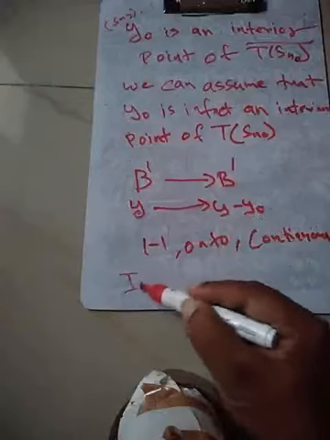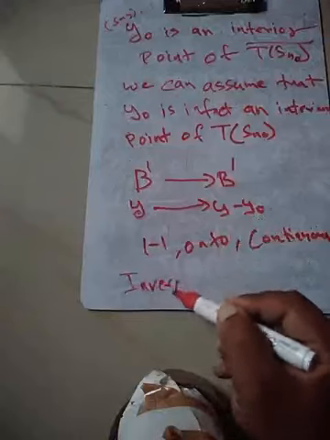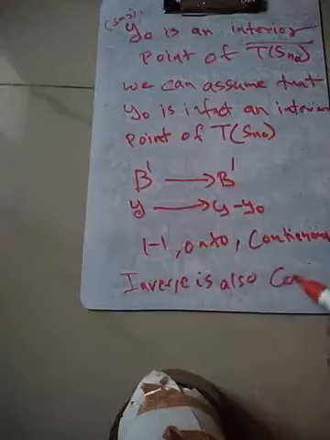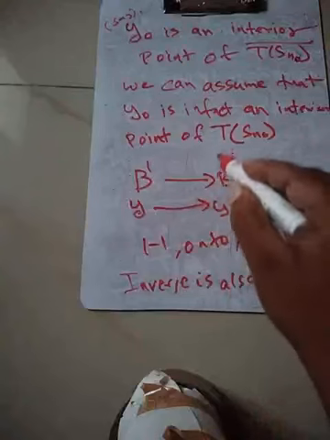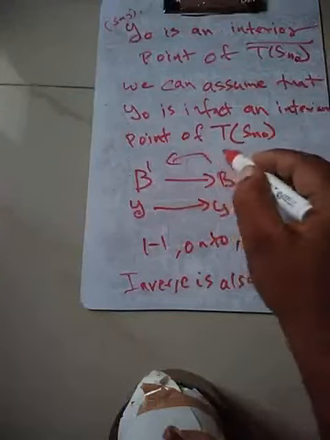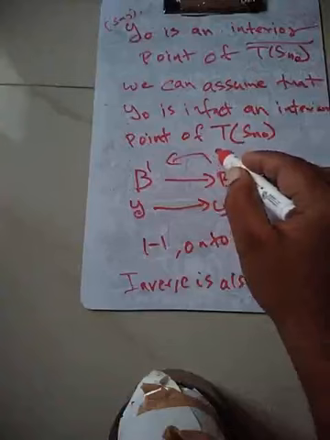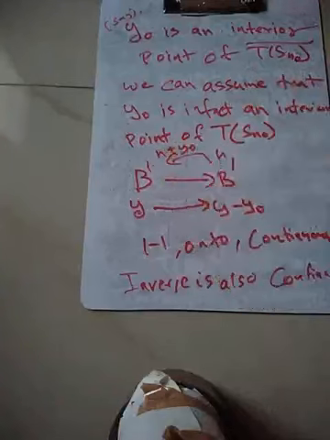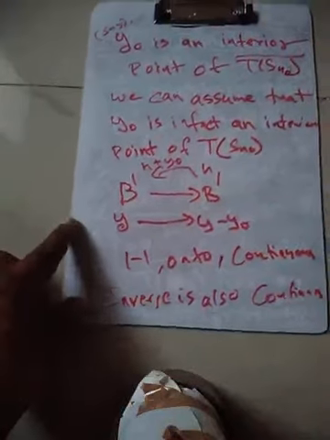The inverse is also continuous. The inverse mapping is the reverse mapping, sending h to h plus y0.